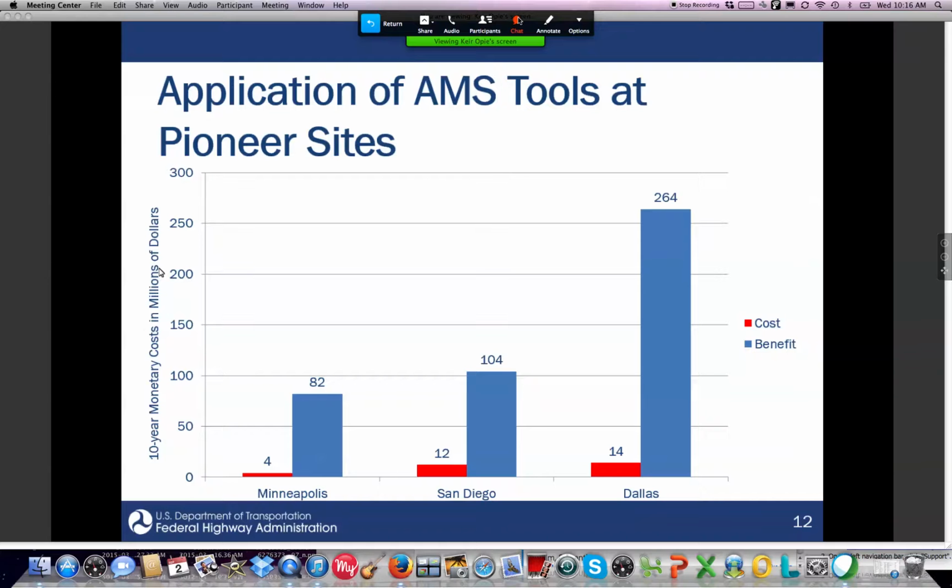And in these particular cases, each one of these sites was generating really pretty good cost-benefit ratios as to how the ICM strategies could potentially improve things. So in these particular cases, we're looking at not only all of the benefits in the system. We're looking at user benefits.